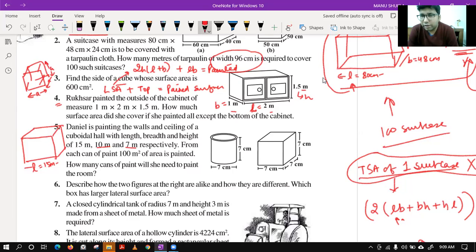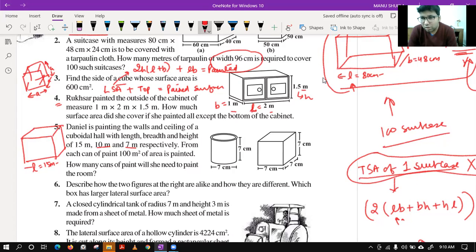Tell me the statement that you will write before putting the formulas. How will you equate these cans and this area of the cuboidal hall, because somehow you know that the paint which was taken out of that can was given to the surfaces of the hall. How will you equate them?